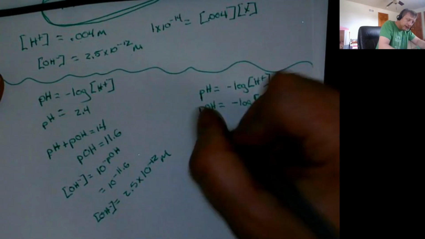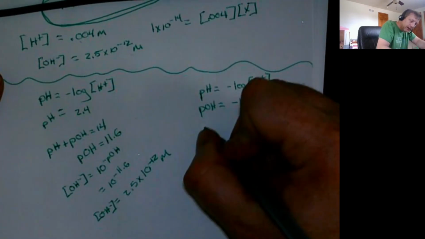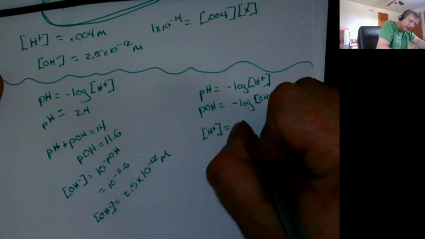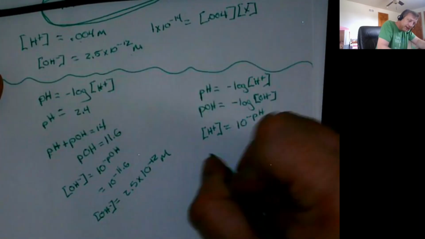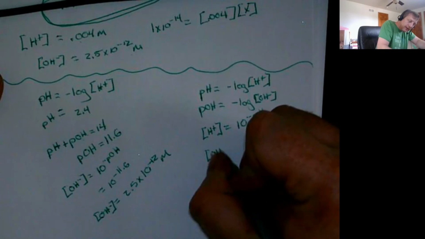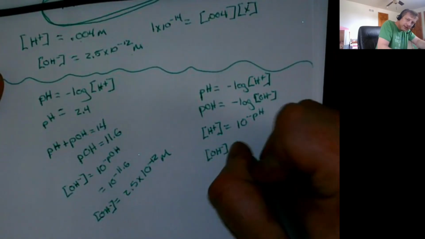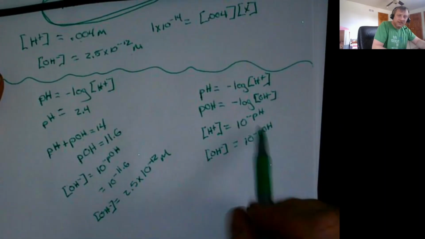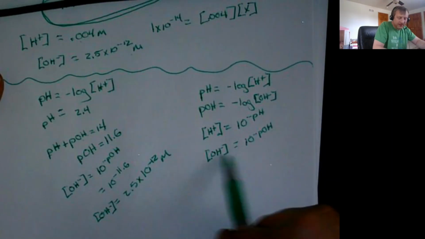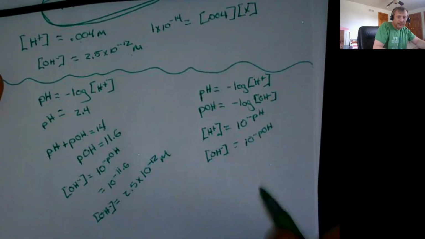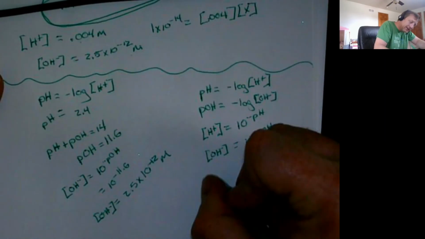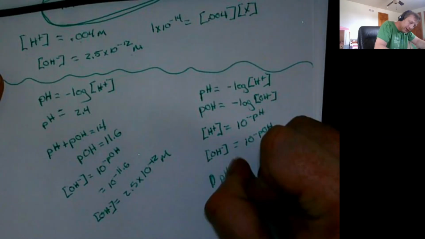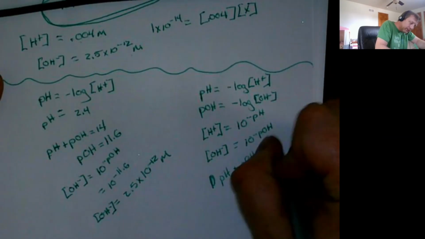If we want to go the other direction, given the pH and we want to find H plus, it would be 10 to the negative pH. And if we are given the pOH and we want to find the hydroxide concentration, that's 10 to the negative pOH. So there's really only 2 formulas here, they just work for H to pH or OH to pOH. And then the last fact is that pH plus pOH always have to equal 14.